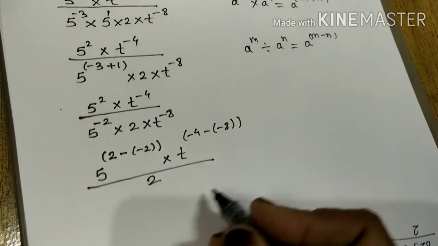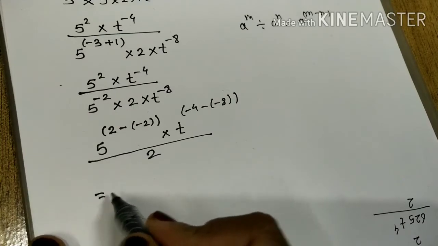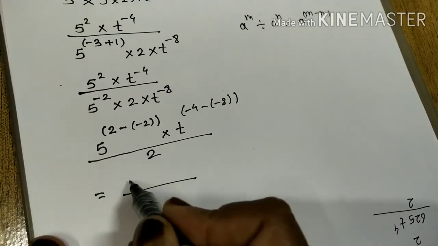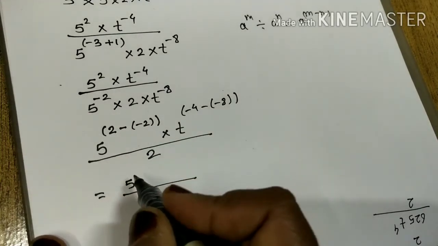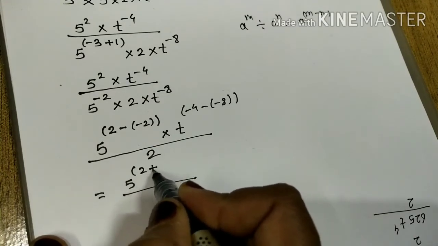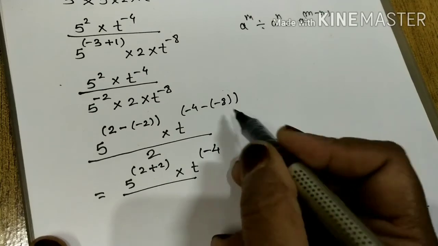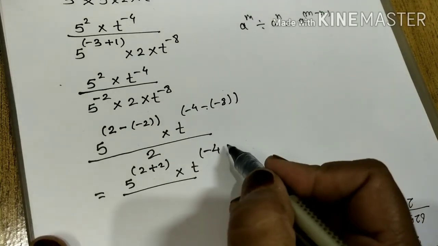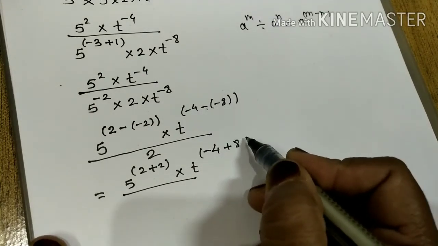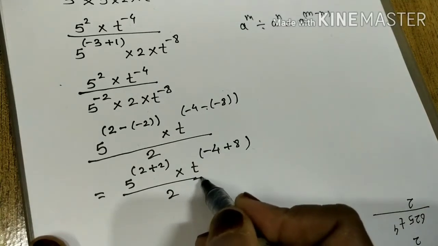Now it is equal to 5 raised to, minus into minus it is plus, so 2 plus 2, into t raised to minus 4, minus into minus plus 8, divided by 2.